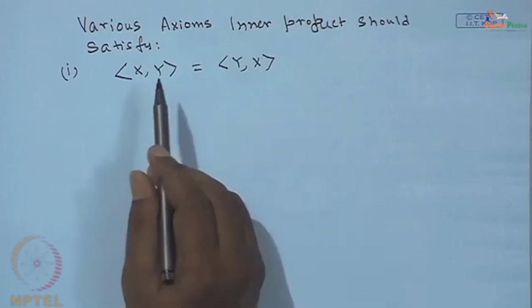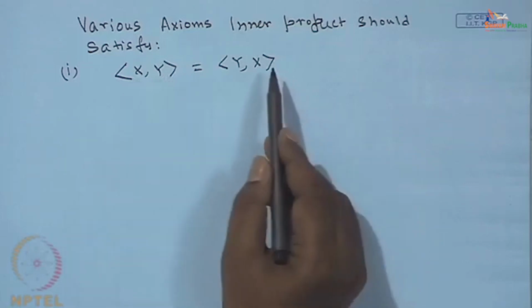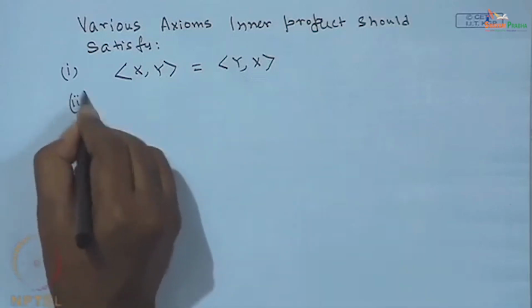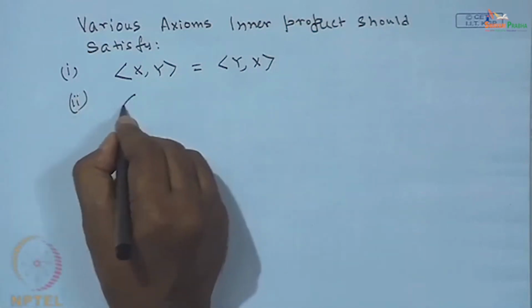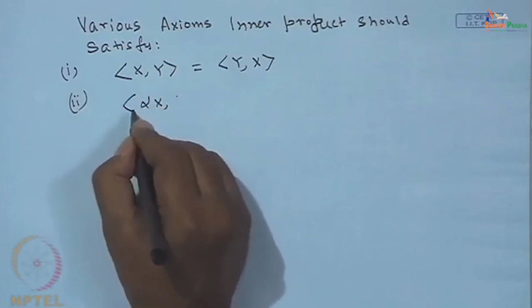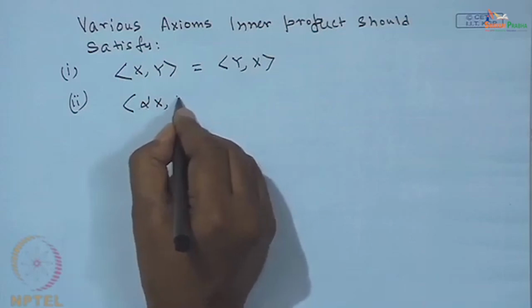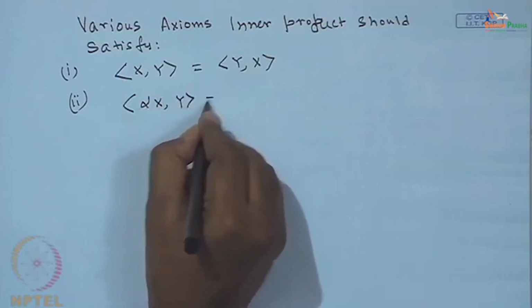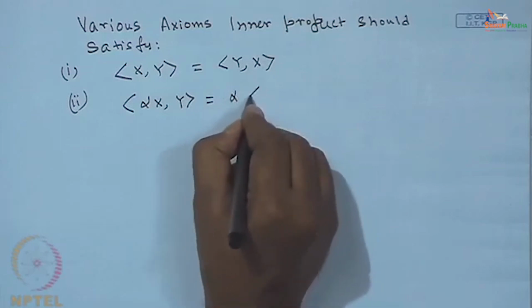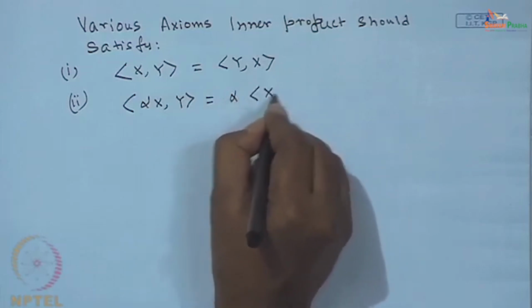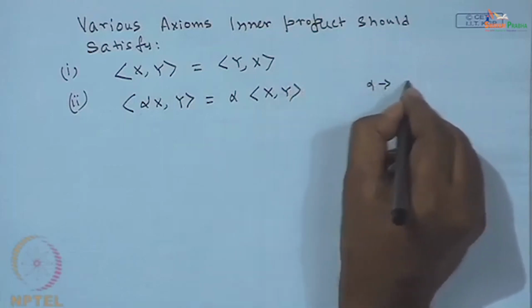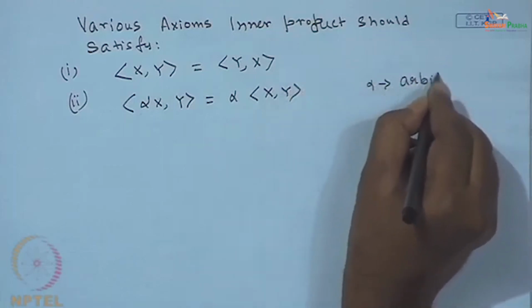That means the orientation of x and y and the orientation of y and x are the same, equal, identical. The second one is, if the vector x is multiplied by a scalar alpha, then the inner product between alpha x and y is alpha multiplied by the inner product between x and y, where alpha is an arbitrary scalar.